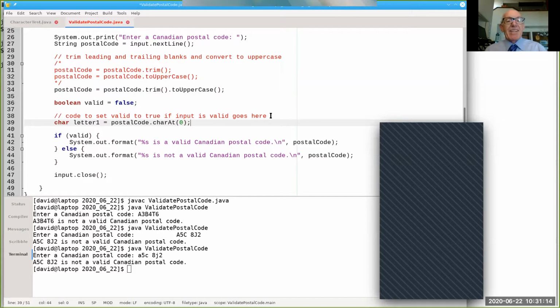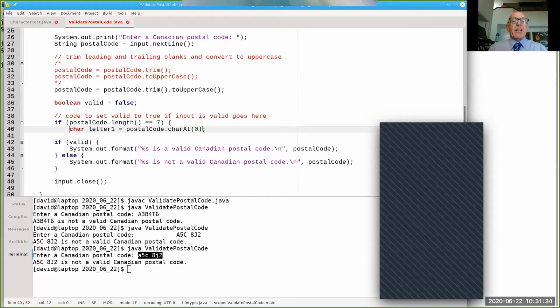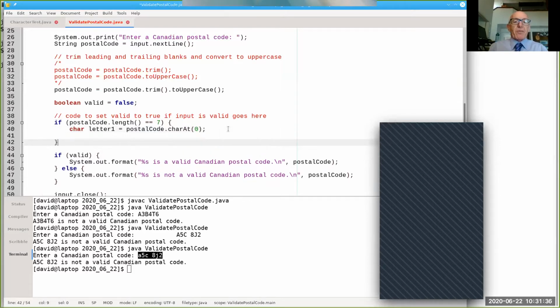Before I do that, I just realized if you give me something that's not exactly 7 characters long, if you put in too many blanks, or if you give me something too short or too long, I can tell you right away that it's not valid. So before I even go into all of that stuff, I'm going to say if postal code dot length is exactly equal to 7, then I've got a chance of it being valid. Otherwise, forget it. I don't need an else, remember, because valid has been set to false.